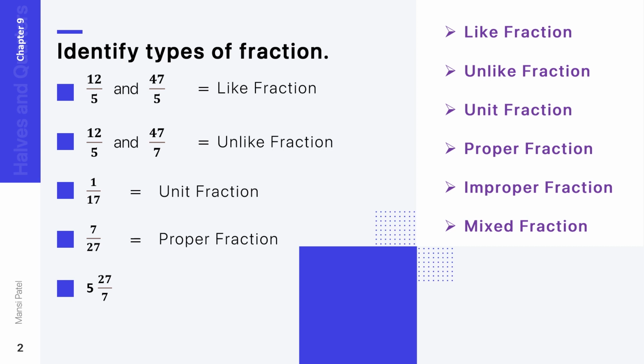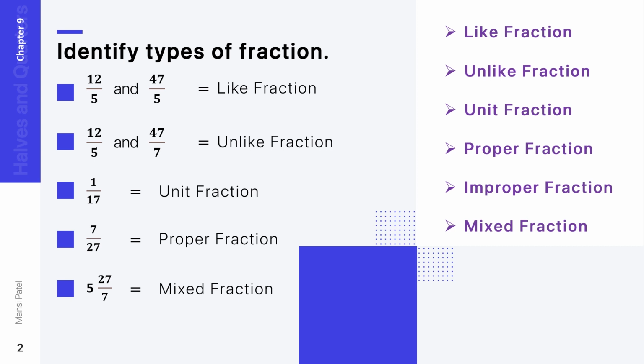Then after that, 5 and 27 sevenths. Means we can say 5 integer 27 upon 7. See here, they have given one whole number to you. Then after that they have given an improper fraction to you. So the combination of whole number and improper fraction is known as mixed fraction.